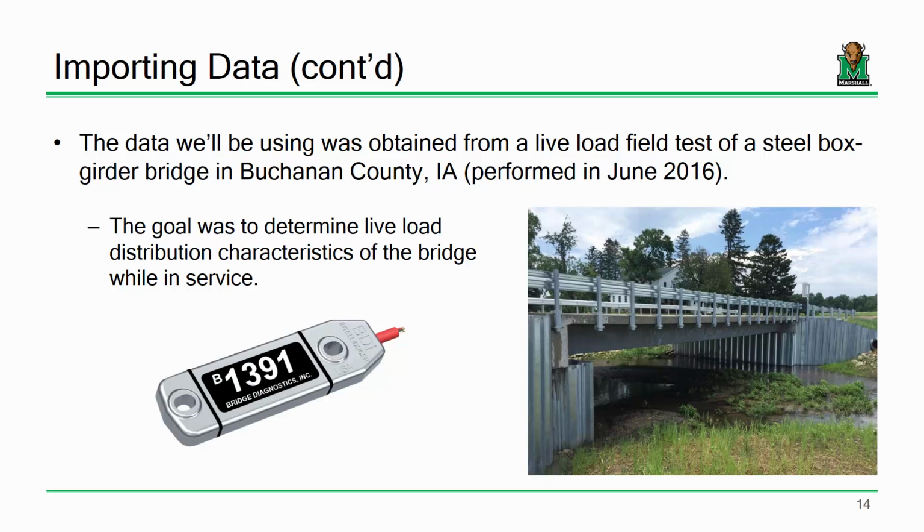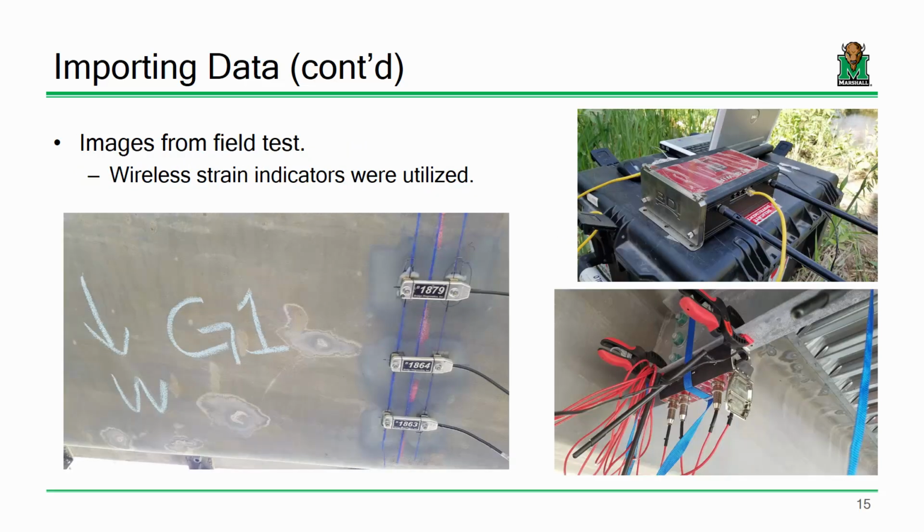So we went out and hooked a number of these gauges up in very specific locations. When we go out, we take a lot of pictures to make sure we have good records. I'm showing you these for a very particular reason. For instance, this gauge has a particular serial number. This is gauge 1879. Does everybody see that?